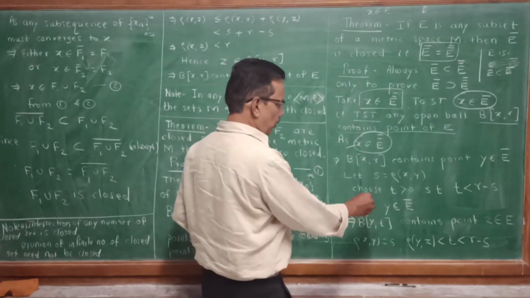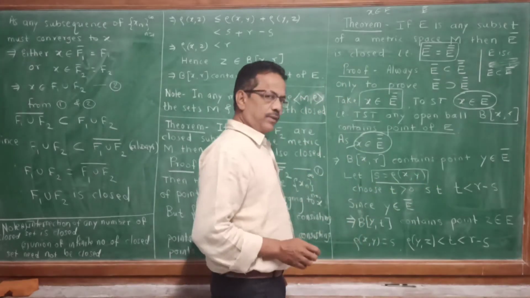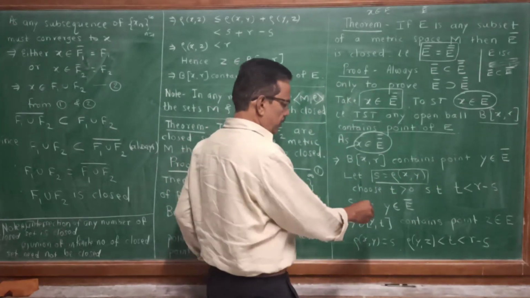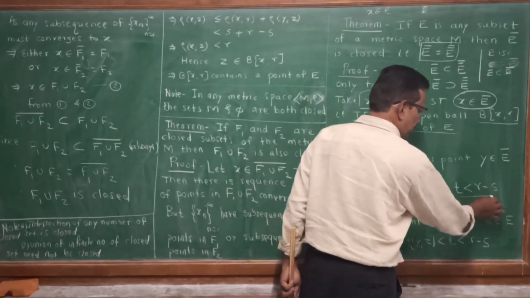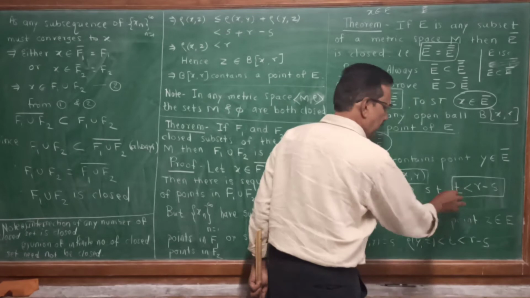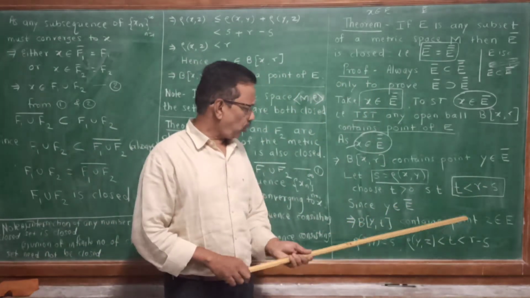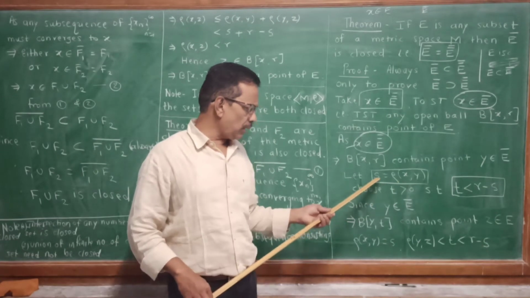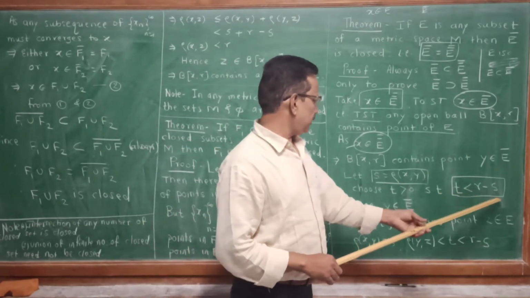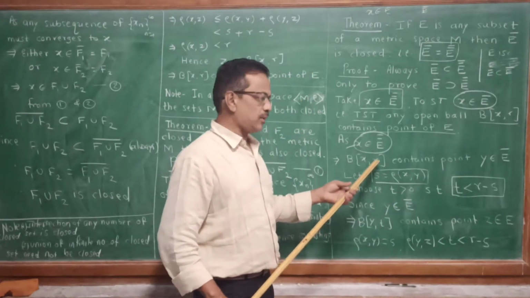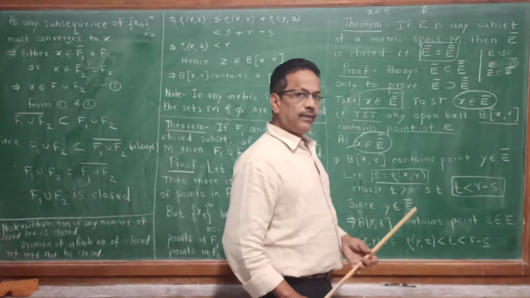Let s be equal to rho of x, y. This is the distance. Choose a positive number t such that t is less than r minus s. This is our arrangement for our convenience. s is a number, t is a positive number, and here is the construction. r is the radius of this open ball and r minus s is greater than this t.